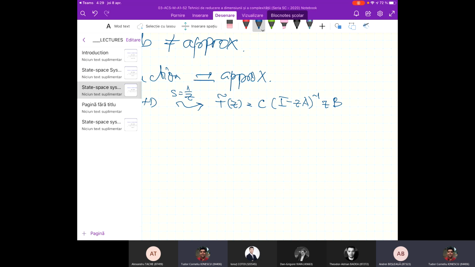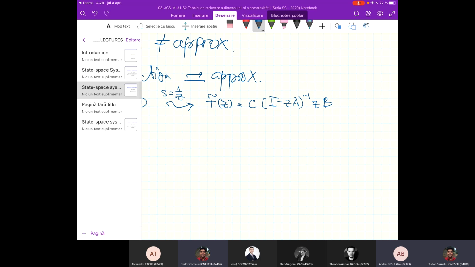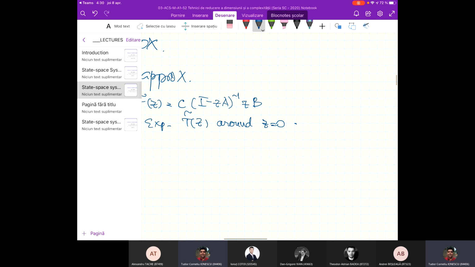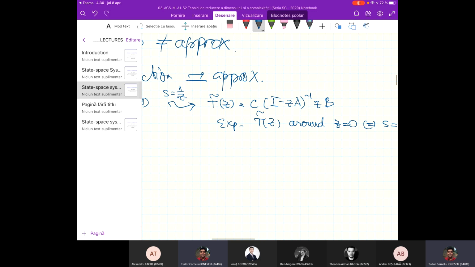Is it correct? I think so. And then you can take the expansion of T tilde(z) around z equal to 0. This is equivalent to s going to infinity. And then you get all the coefficients.